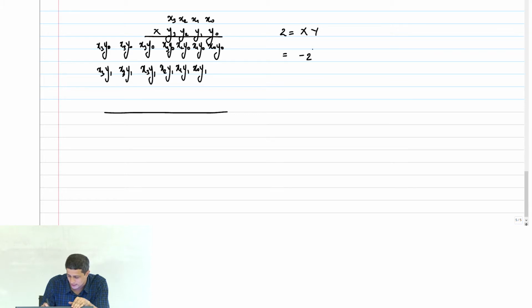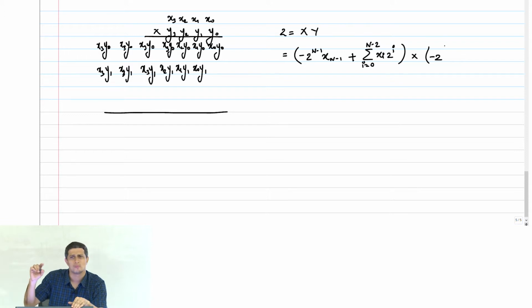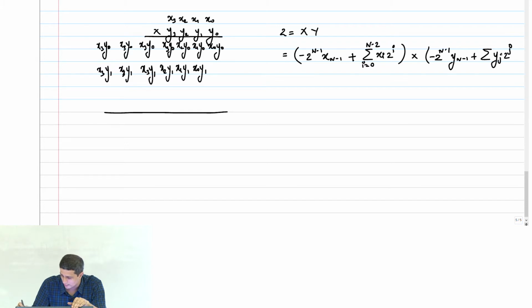This is nothing but minus 2 power n minus 1 x n minus 1 plus summation i equal to 0 to n minus 2 xi 2 power i, multiplied by minus 2 power n minus 1 y n minus 1 plus summation yj 2 power j, j equals 0 to n minus 2. Let's assume now both are n-bit numbers.